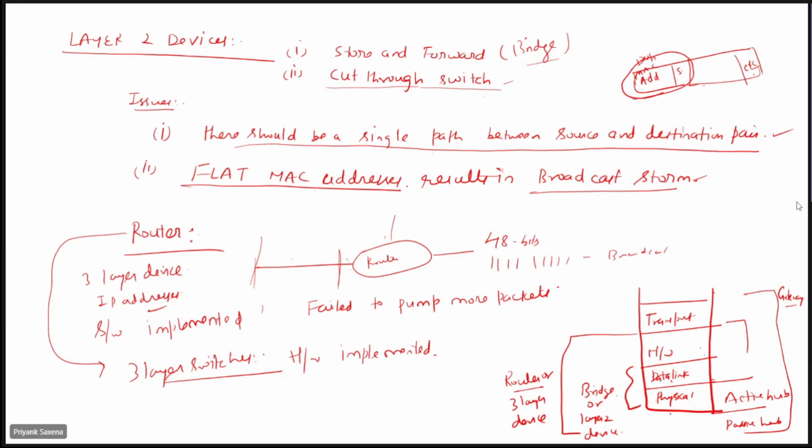So a malfunctioning device which uses a flat MAC address can simply start broadcasting frames. So what will happen? It will create a huge traffic in the network.